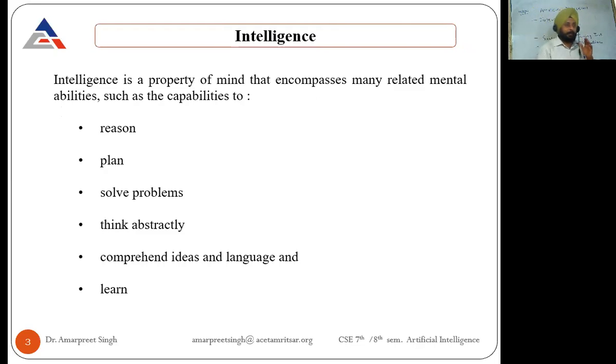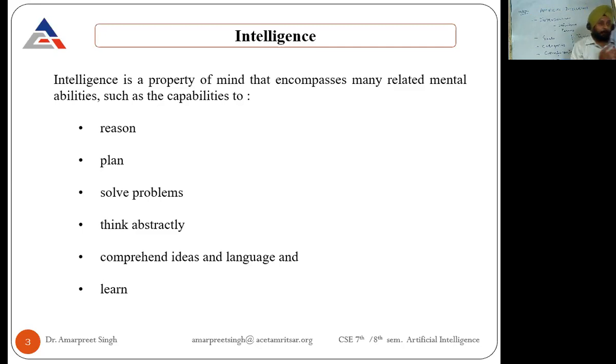Intelligence is a property of our mind, our brain, that encompasses many abilities such as capabilities to reason out, plan, solve problems, think abstractly, comprehend ideas and language, and learn. So our mind can do all these things.